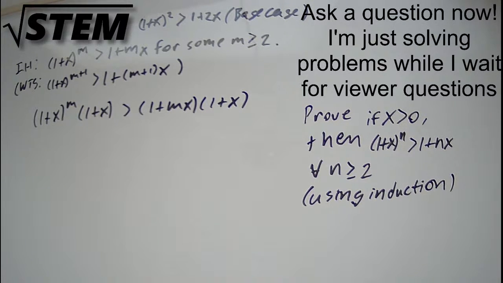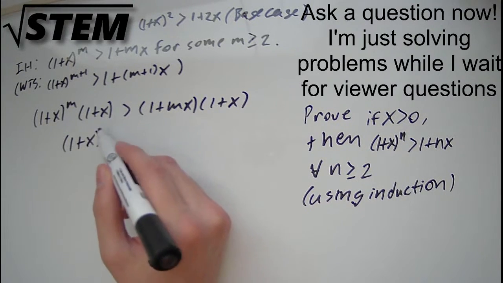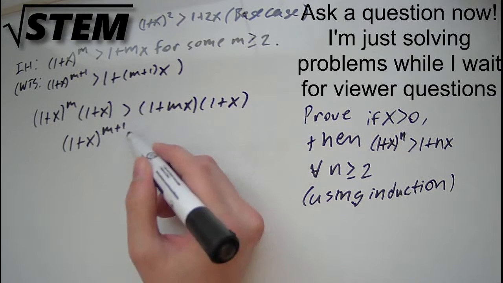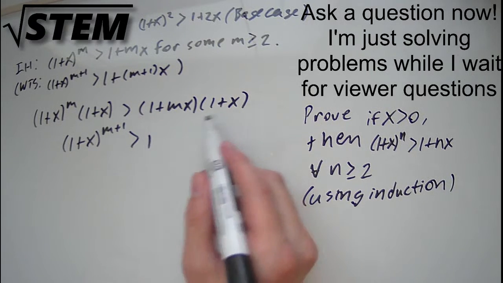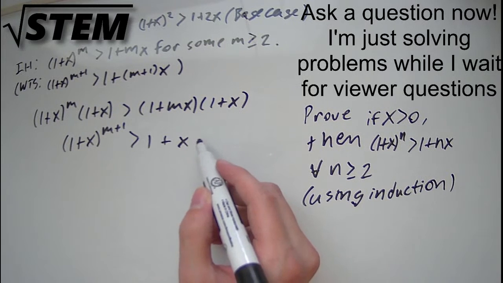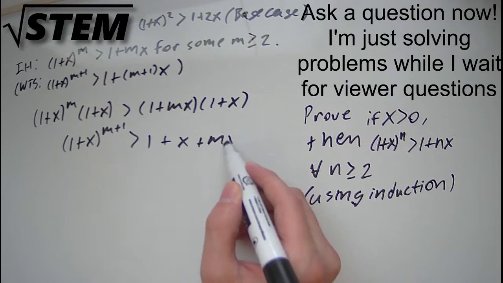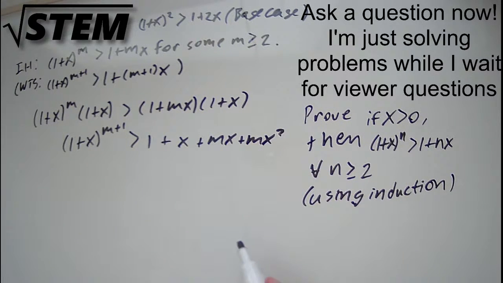Ooh, I don't think that's gonna give us what we want. This will make the left hand side become 1 plus x to the m plus 1 power, but the right hand side will not be what we want. We're gonna get 1, we're gonna get x, we're gonna get mx, and we're gonna get mx squared.